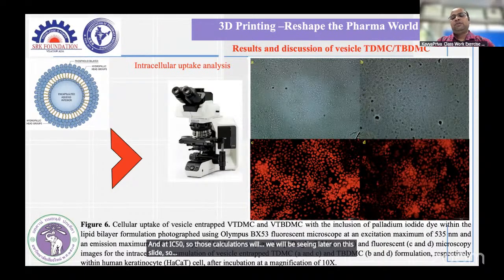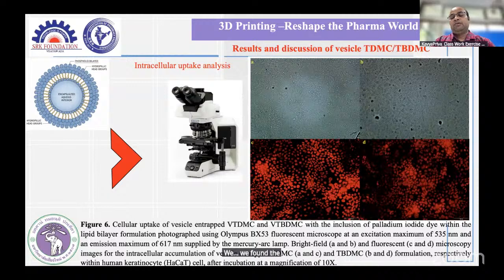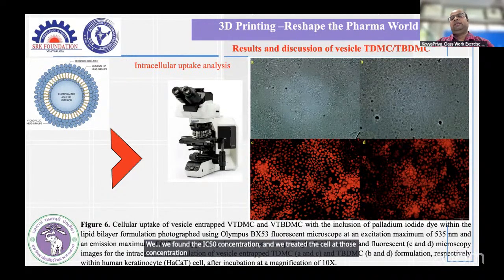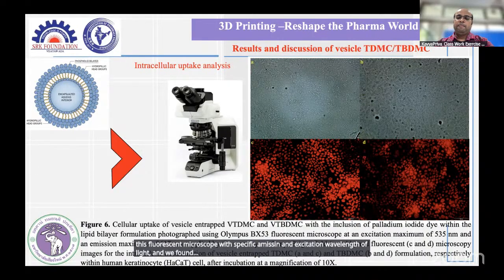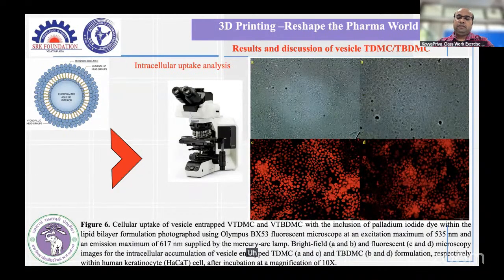We found the IC50 concentration and treated the cells at that concentration, and after treating, the slides were prepared and we used a fluorescent microscope with specific emission and excitation wavelengths of light, and we found the propidium iodide dye based formulation has already penetrated inside the cell.